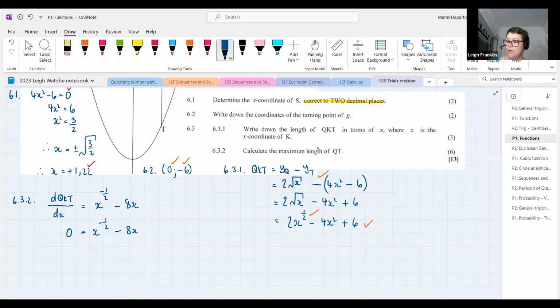Any ideas on the mechanics of the maths at this point? What would we do here? Let's just wait and see what someone's saying here. Make the bases the same.